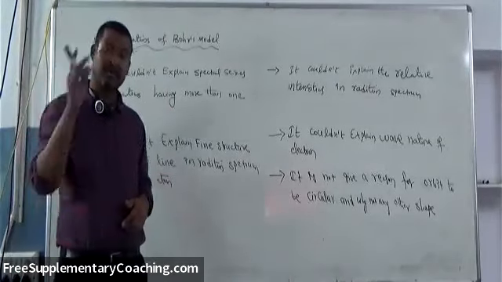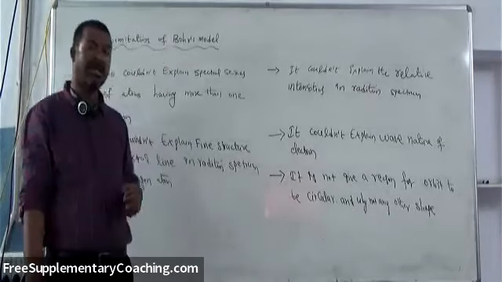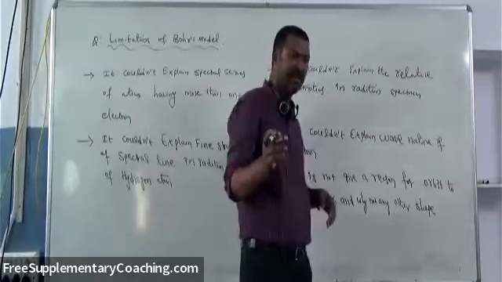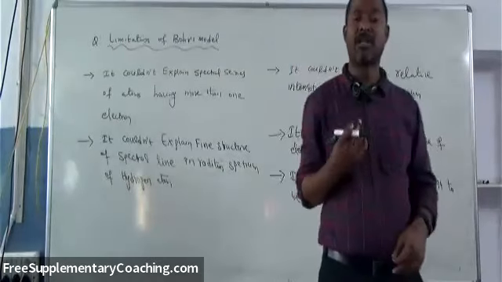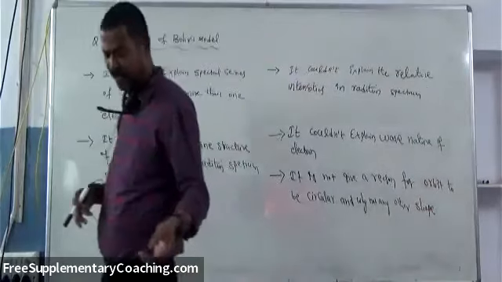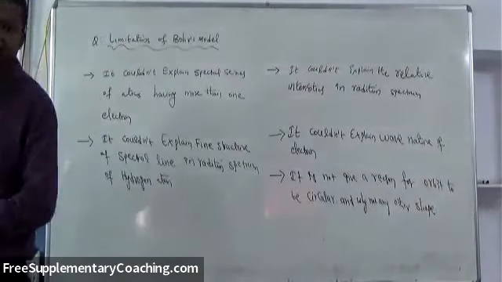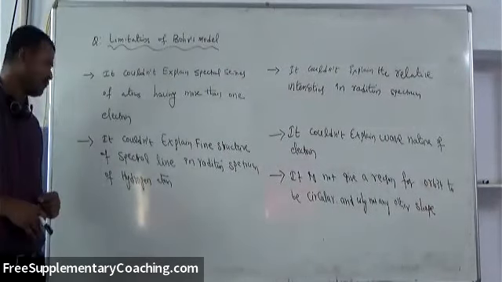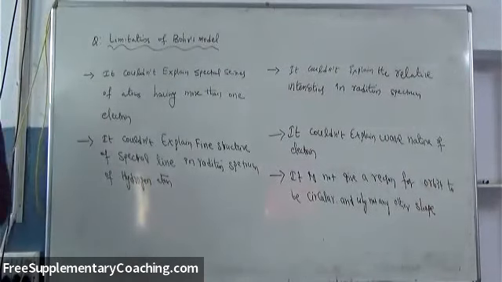It could not explain the wave nature of electron, and it has not given any reason for the orbit to be circular, why not any other shape. These are the 5 limitations we need to write for the answer. Clear? Is it clear, students?